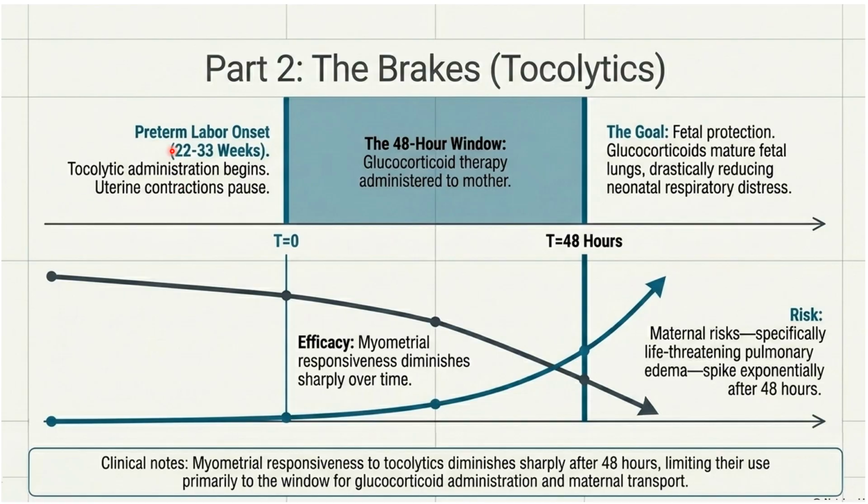So for any preterm premature uterine contractions between the 22nd and the 33rd week of pregnancy, tocolytic administration should be advocated. And the objective is to stop uterine contraction and stop labor.